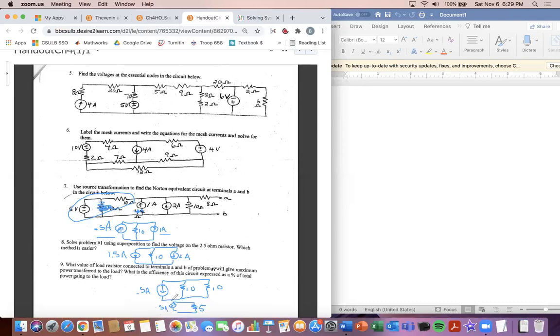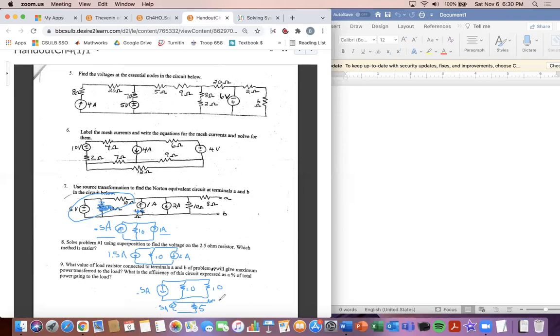Because 10 times 10, 100 divided by 20, that gives you 5. So it's half. And so then we have this 8 ohm resistor up here.